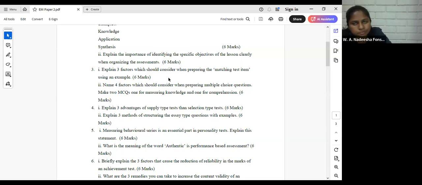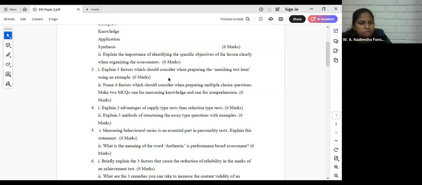Personality test. Psychomotor domain: measuring observational series. Affective domain: measuring behavioral series is an essential part in personality test. There you have to explain what a personality test is, then why we use behavioral observations there.